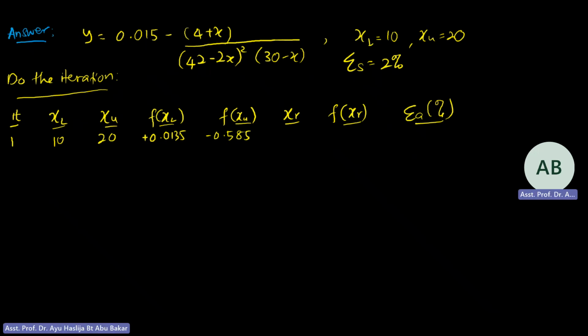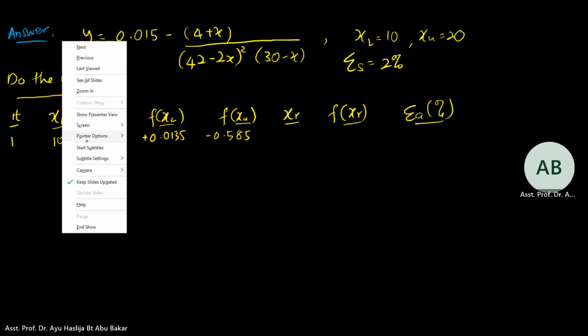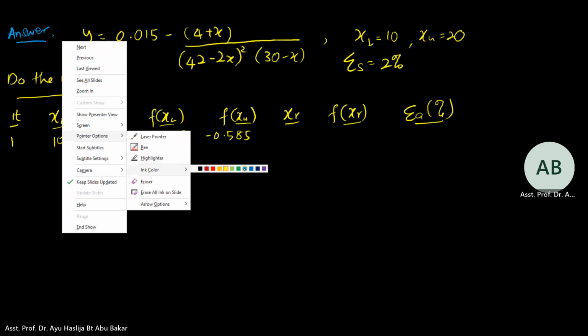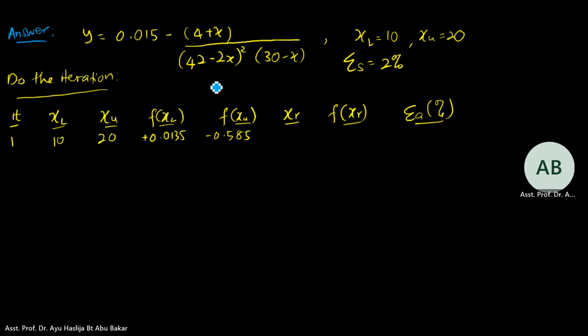Okay, now XR using the bisection equation. XR, the equation is XU plus XL over 2.